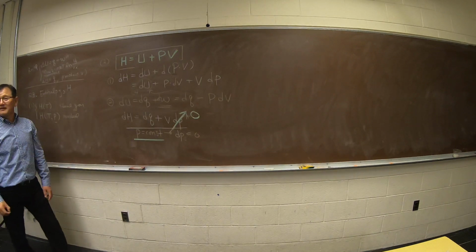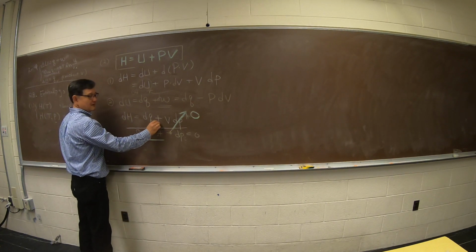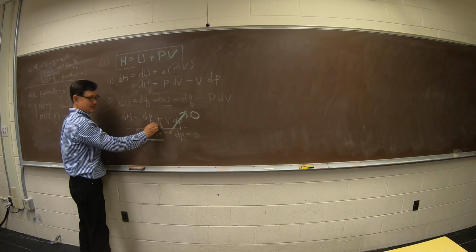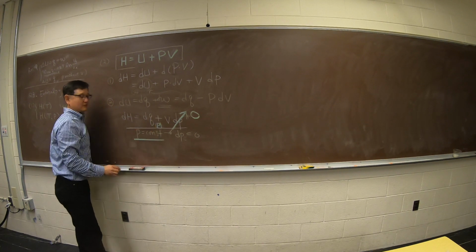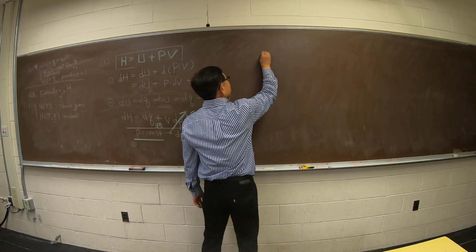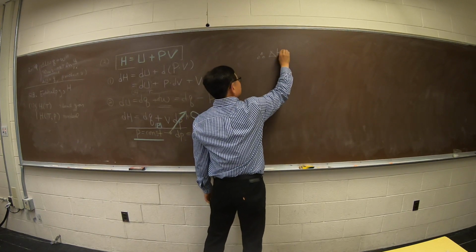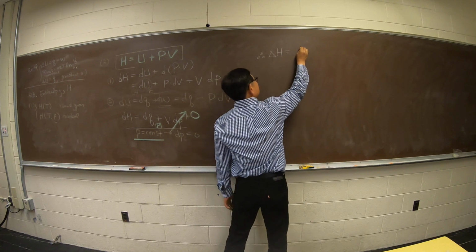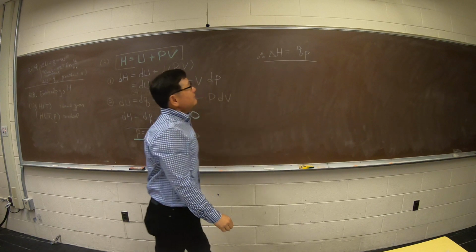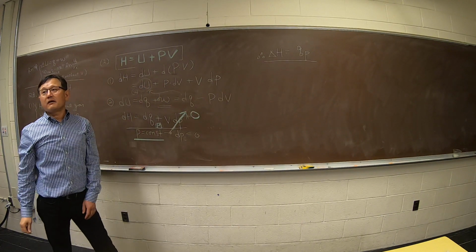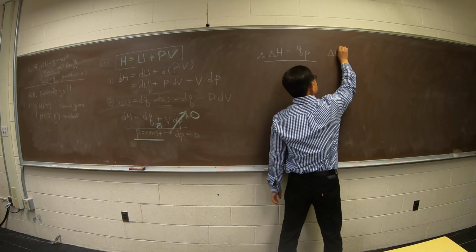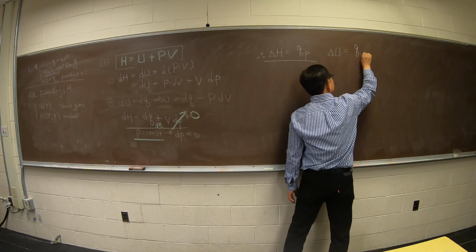You write P as a subscript. Therefore, this is the only equation that needs to be remembered. That's it. Enthalpy change is the heat supplied under constant pressure. Remember, delta U is the heat supplied under constant volume.